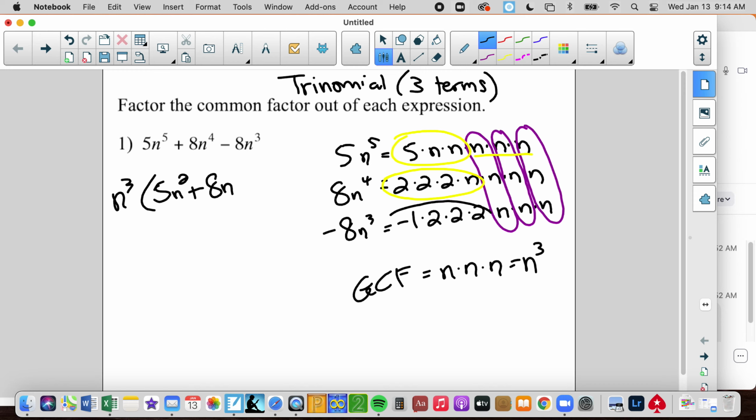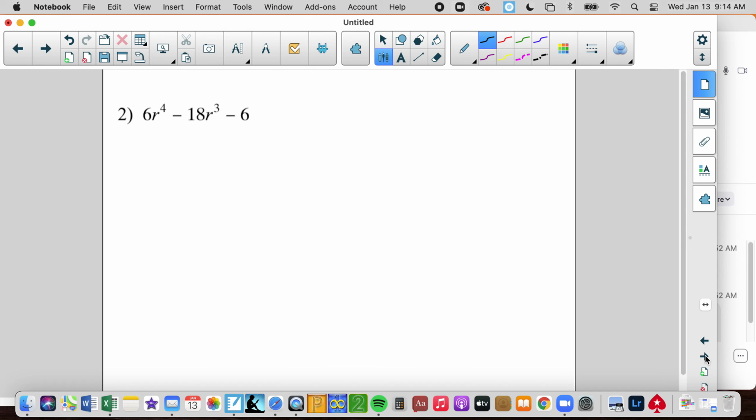And then in our third term, we have negative 8, and it's negative because we have a negative 1. So that's how we factor trinomials, identical to what we were doing before.